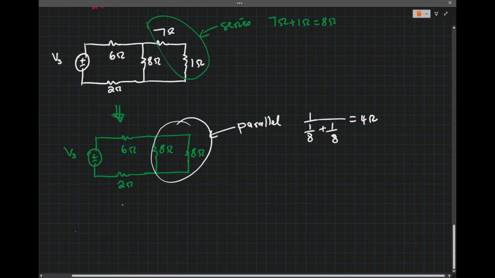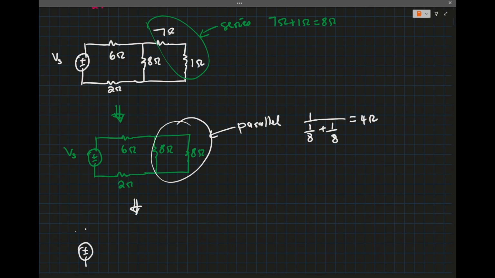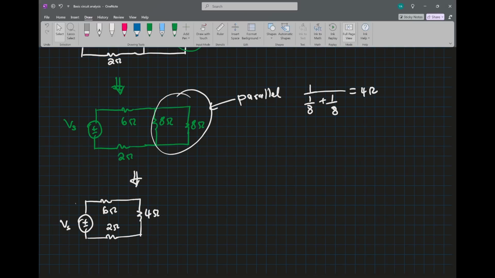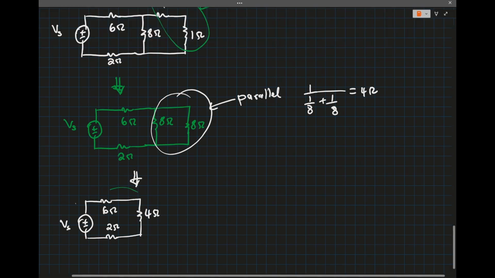So the last one will be Vs, 6 ohms, 4 ohms, and 2 ohms. So now they are in series.